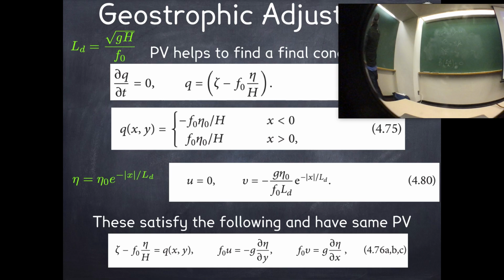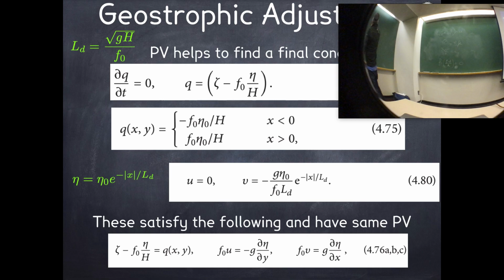And the decay scale of this profile is L_D, which is, oops, sorry, not N H in this case, the square root of g H over f naught. This is the deformation radius. It is the radius that the deformation of the rotating flow extends over.